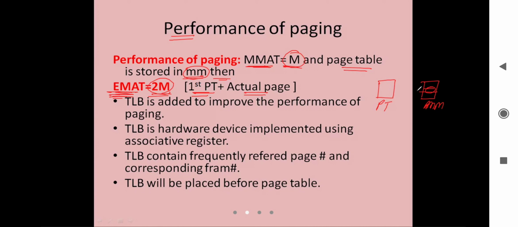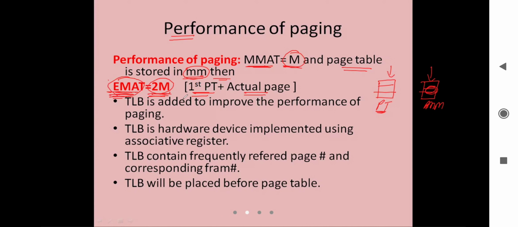Both the page table and the page are stored inside the main memory. It means we access memory two times, first the page table, then the actual page. So here the effective access time is twice of M.